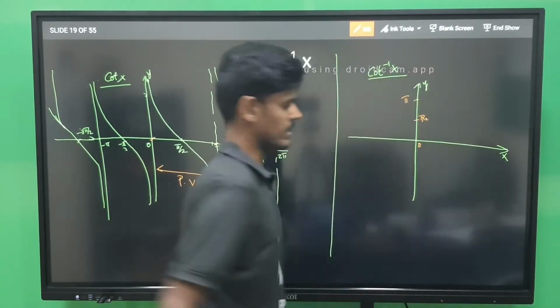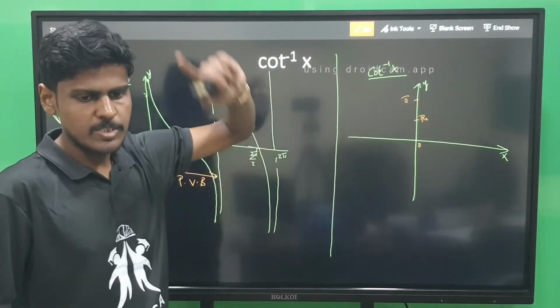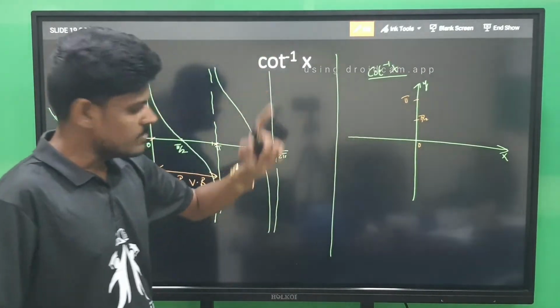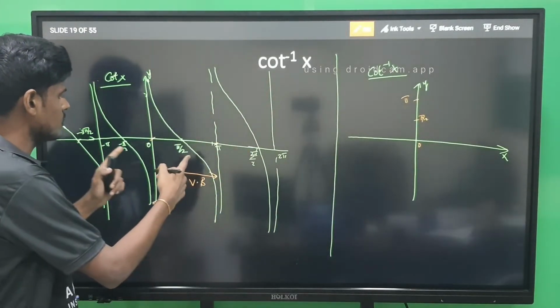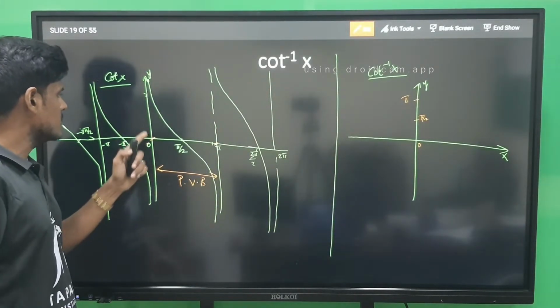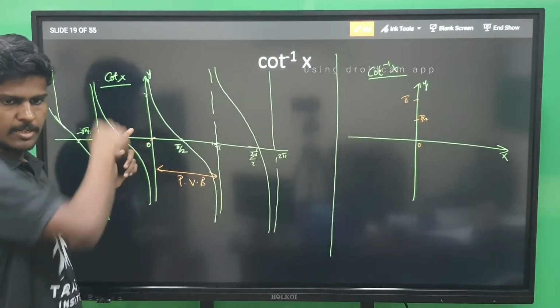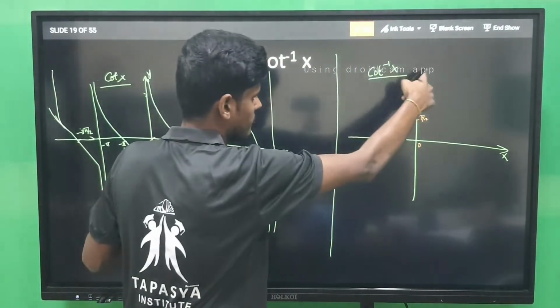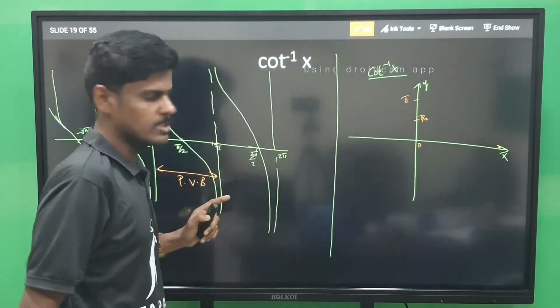90 is in between. Now how to plot the graph? Again, the range becomes the domain and the domain becomes the range for an inverse trigonometric function. So what do we choose? Cot 0 is infinity. That means cot inverse of infinity is 0.